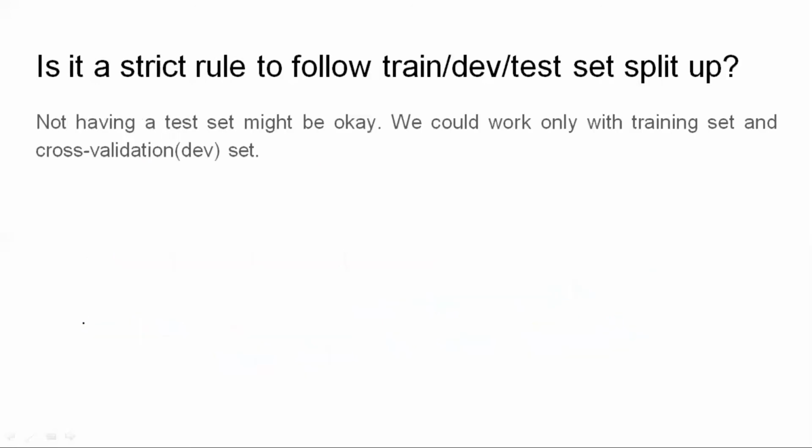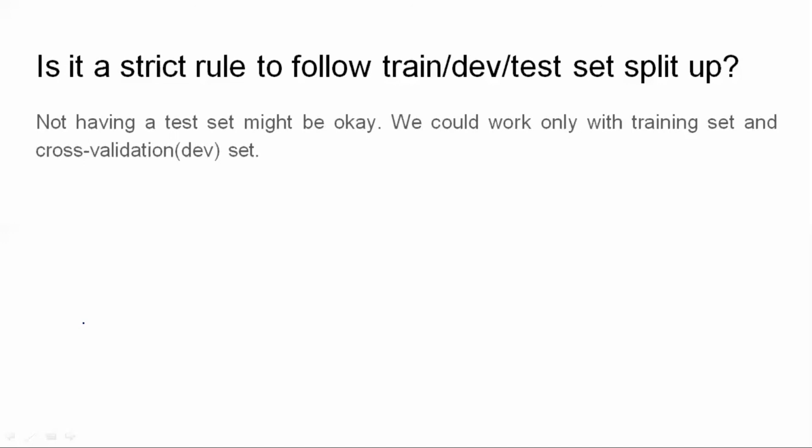Now let us move to this slide. One thing that has to be kept in mind is that people often ask whether it is a strict rule to divide your data set into a training data set, a development data set, and a test data set. Because what amateurs generally do is they don't divide the data set into three splits.